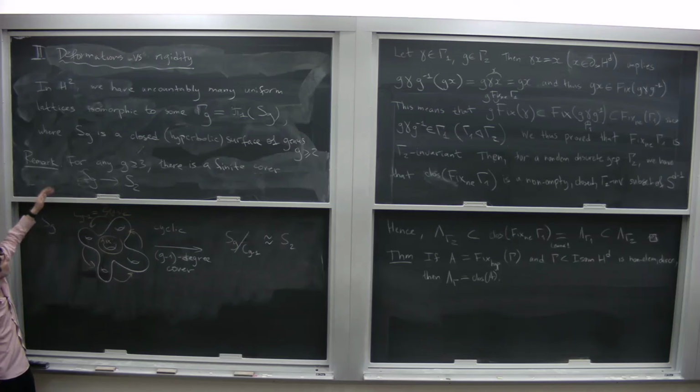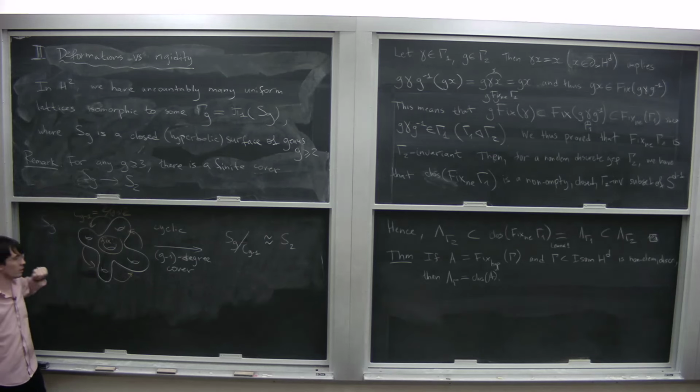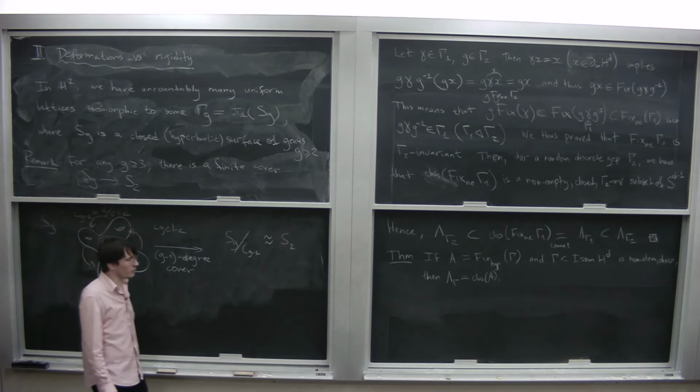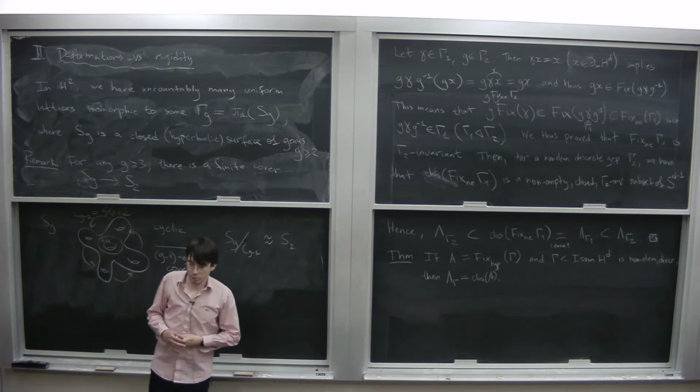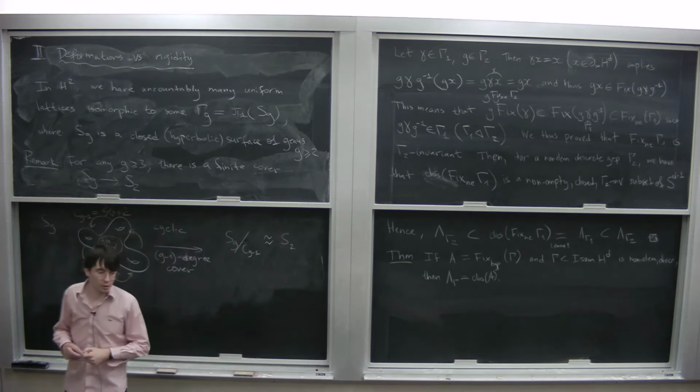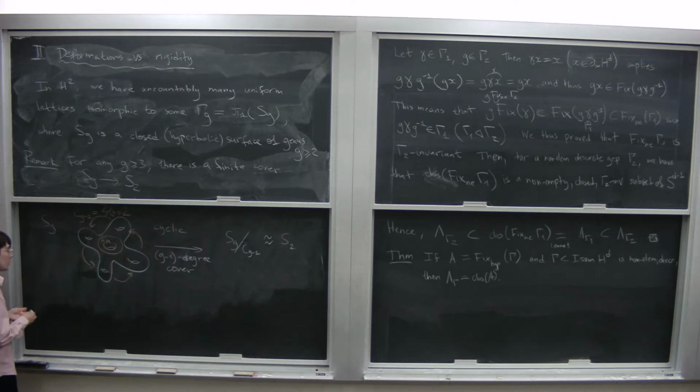And for my torsion-free uniform lattices in PSL2(R), this means that they are all abstractly commensurable, also with 1 plus, right?